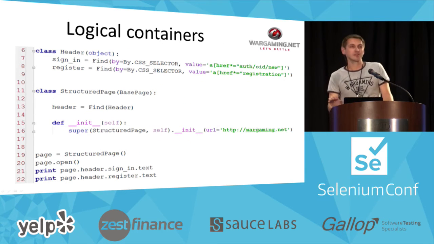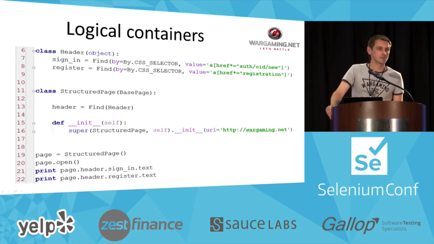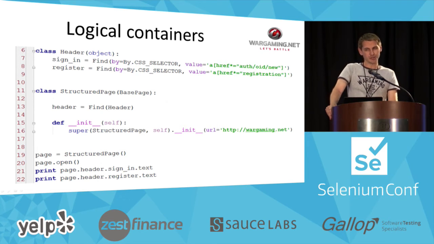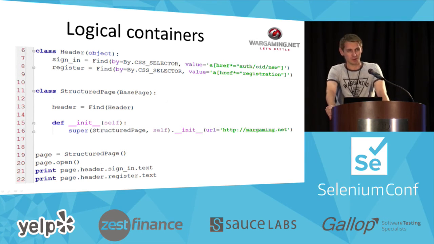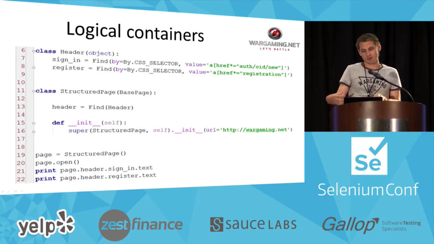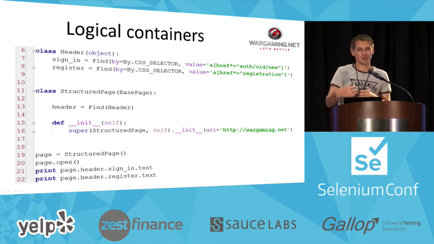One more type of containers that is supported is called logical container. I wouldn't say we have used them much, but in some cases they may be useful. For example, they can be used once you need to group some elements, but you do not want to change search context.